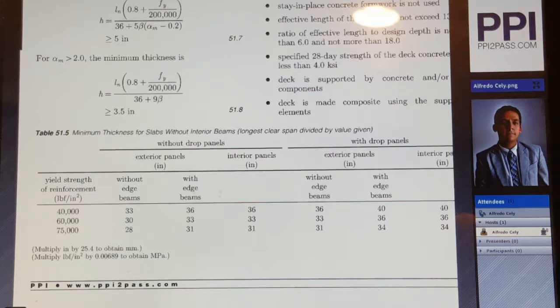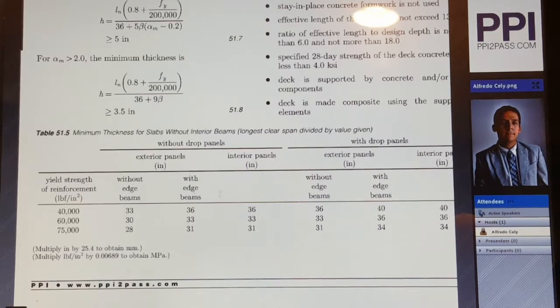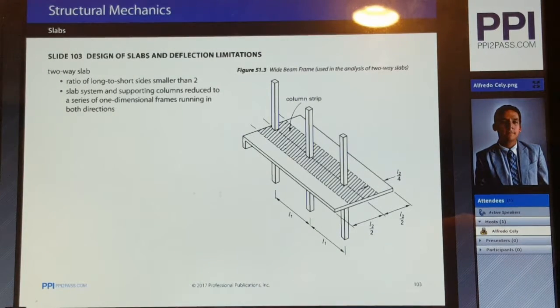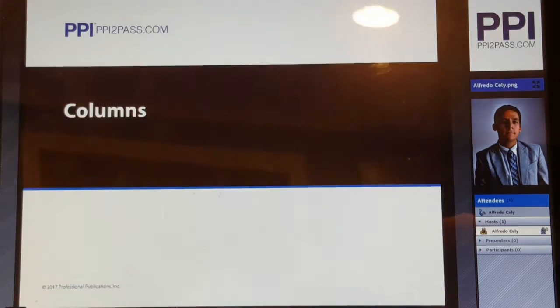And with that, you have the minimum thickness for slabs, which are given in inches. So that's it for two-way slabs.